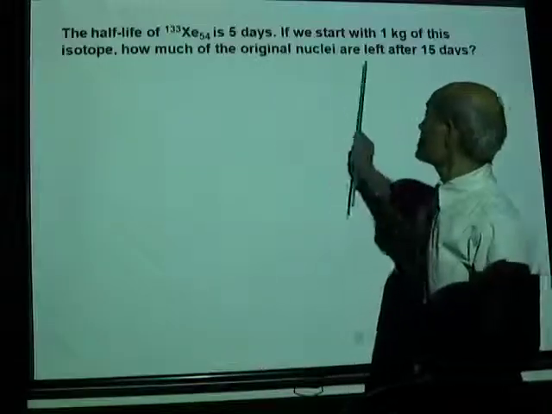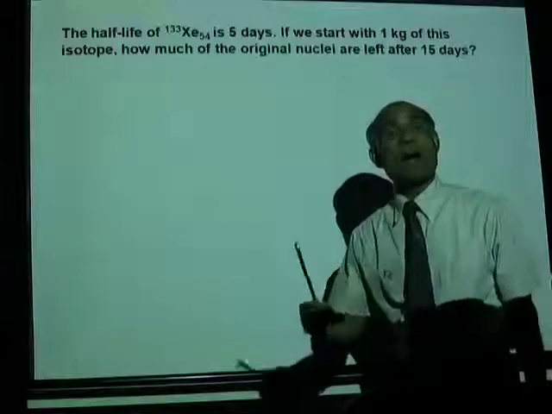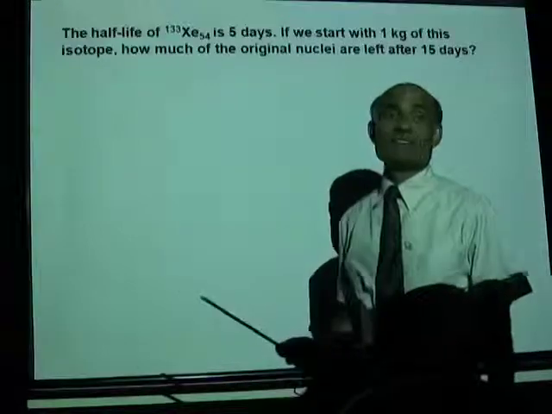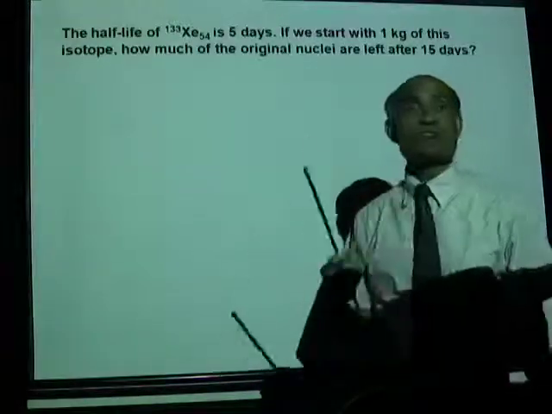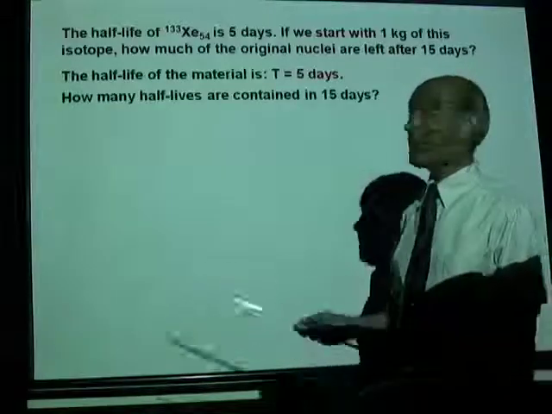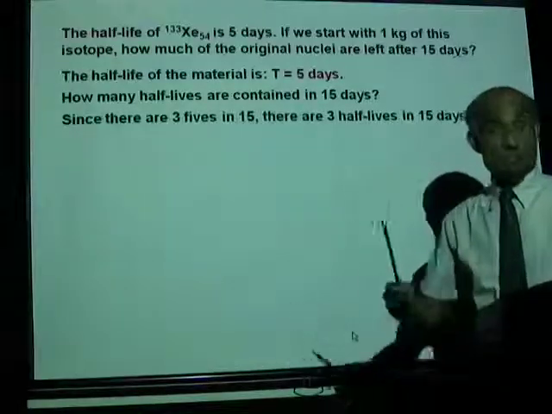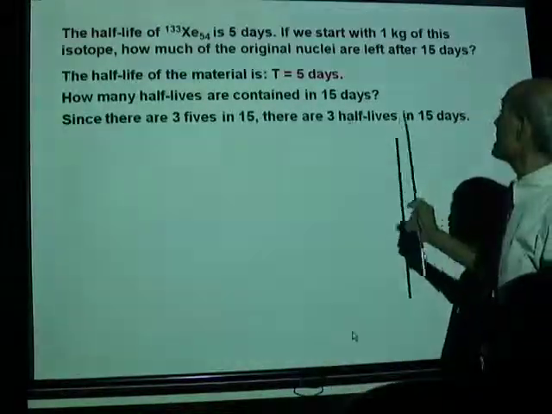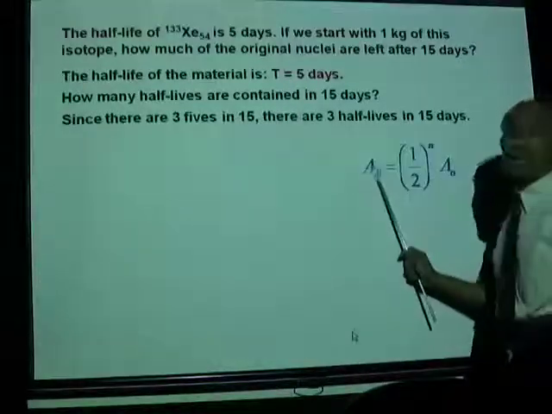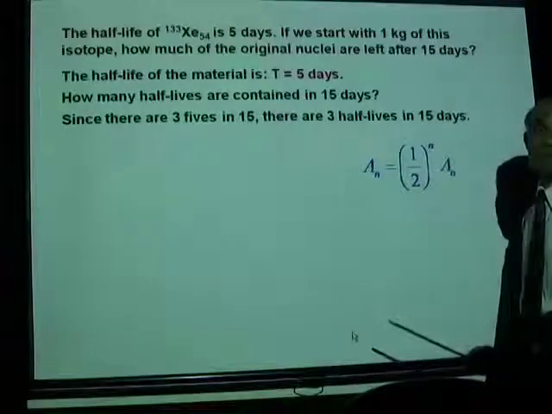Well, to do this, first of all, you need to figure out 15 days constitute how many half-lives. 1 half-life is 5 days. That means 15 days constitute 3 half-lives, isn't it? There you are. Now, you have An equal to 1/2 to the power of n A0.